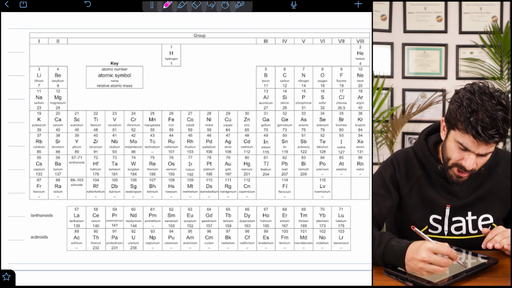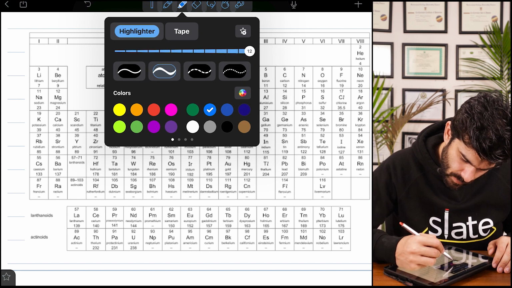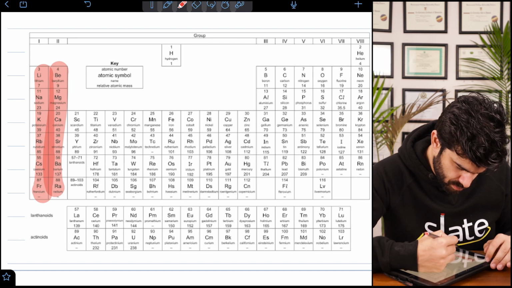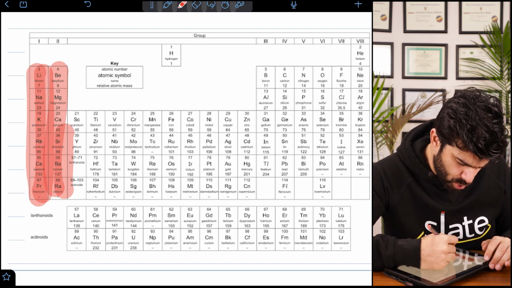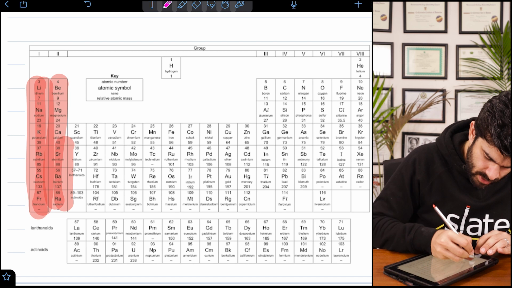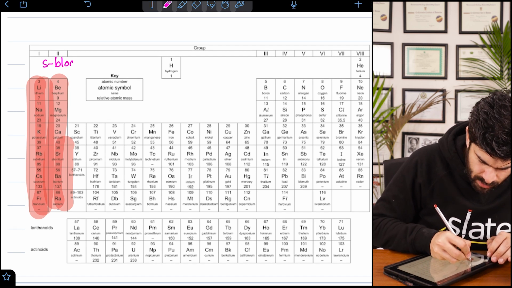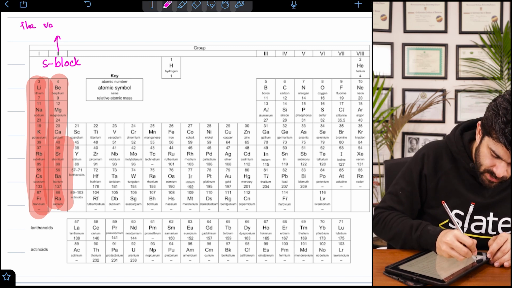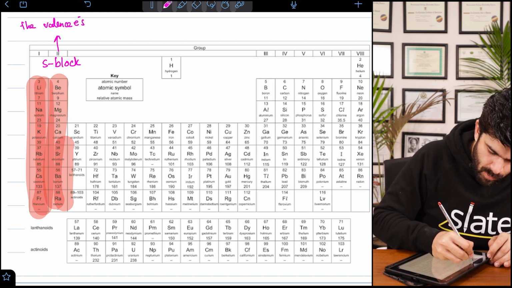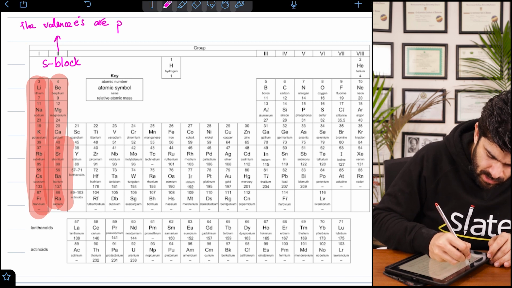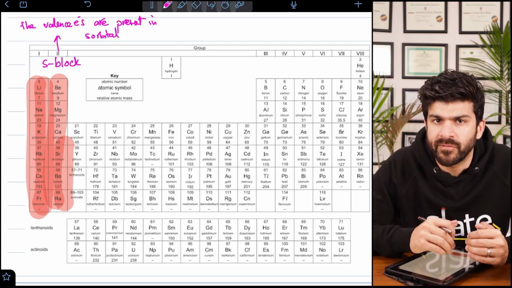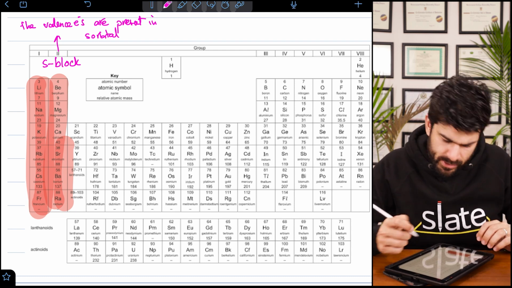Like, if you look at the periodic table, the first two groups, these are S block. Why? As the valence electrons are present in S orbital. If you remember the electronic configuration, you can easily decode that.